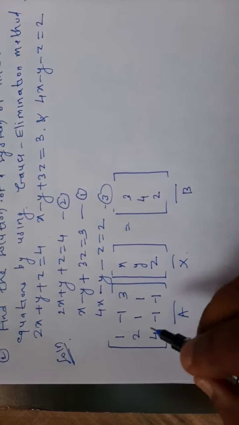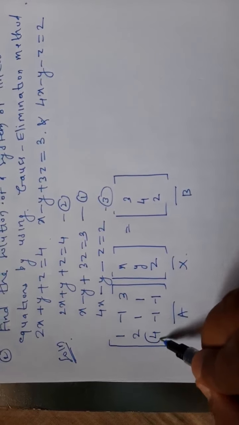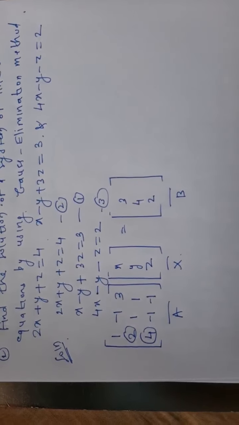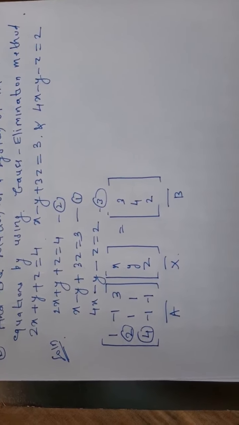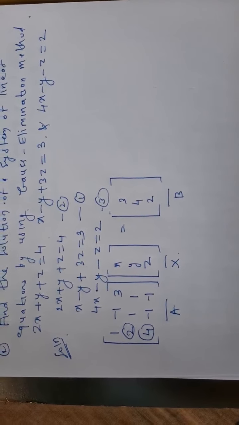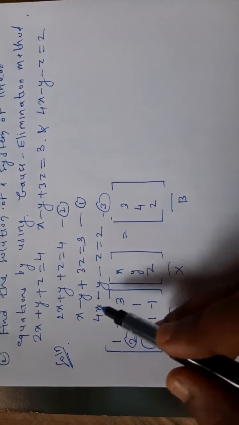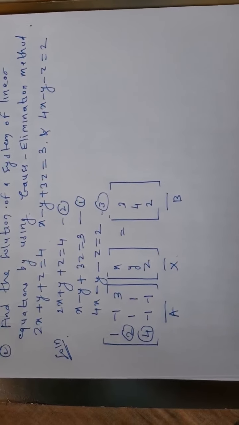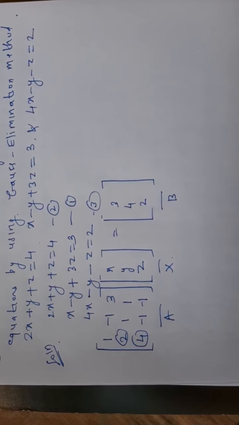Next, I will make these two elements 0, because here we are applying the Gauss elimination method. As per the Gauss elimination method, we have to convert the coefficient matrix A either to an upper triangular or to a lower triangular matrix.